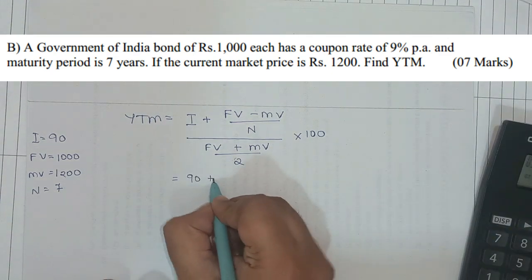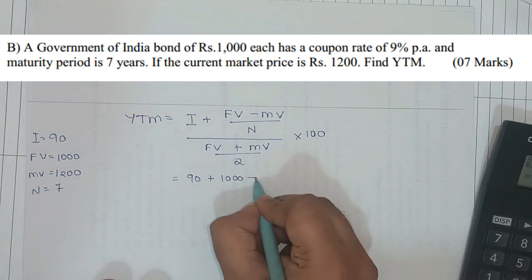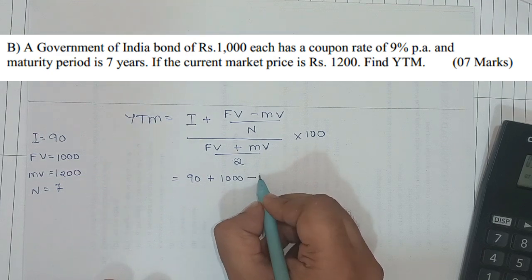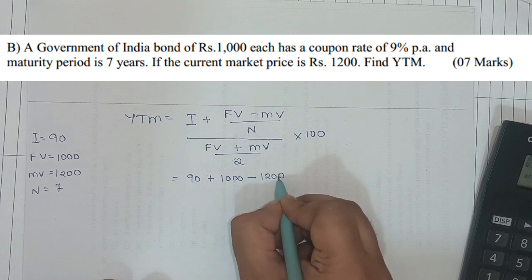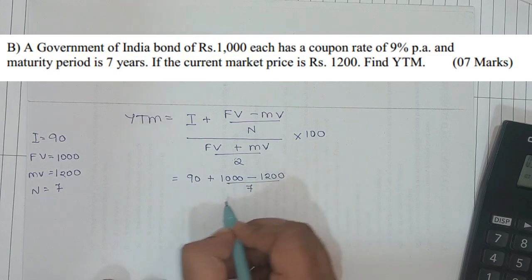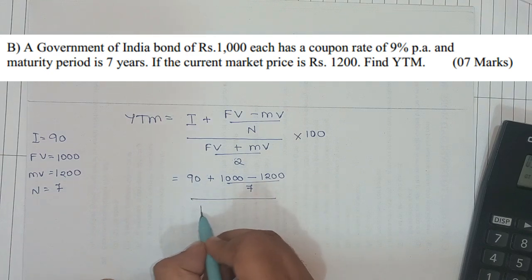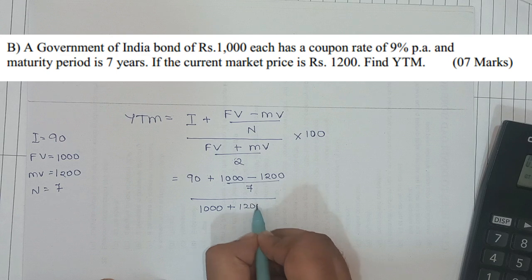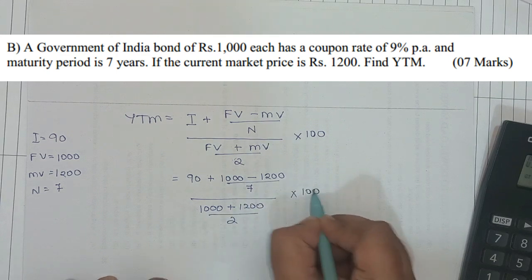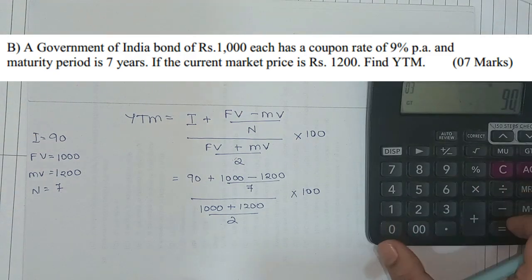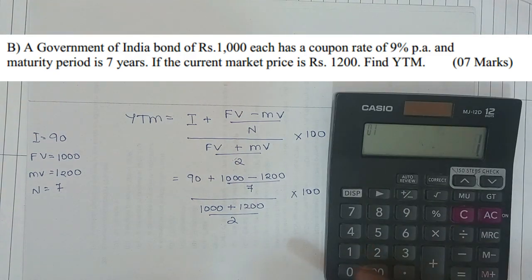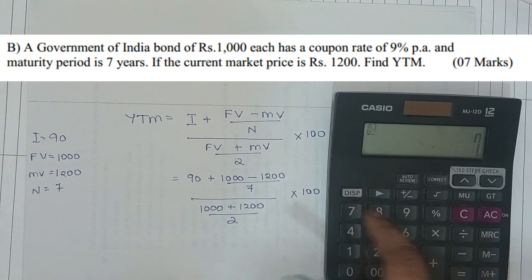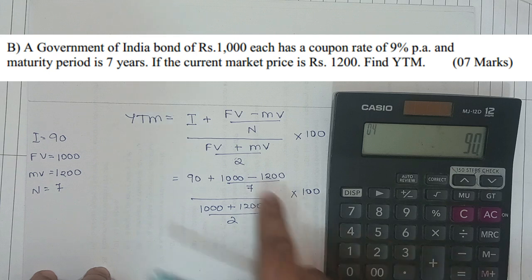Interest, that is 90, plus face value minus the market value, divided by the number of years, the whole thing upon face value plus market value divided by 2, into 100. So that's 1000 minus 1200 divided by 7 plus 90. I subtracted, divided, and added 90 to it.